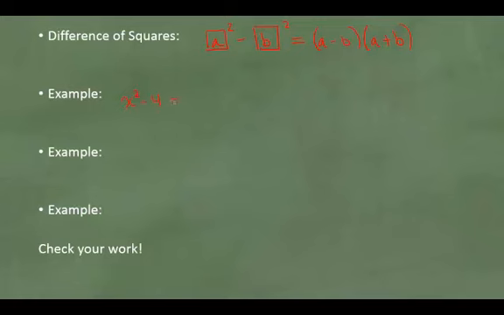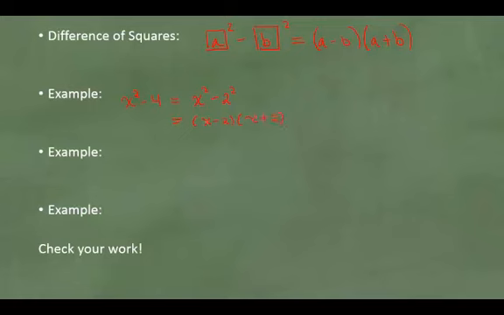It might not be obvious right now, but with practice you'll see things like this. This is of the form a squared minus b squared because it is x squared minus 2 squared. 4 is just 2 squared. So it's of the form something squared minus something else squared. So it's going to factor to x minus 2 times x plus 2.